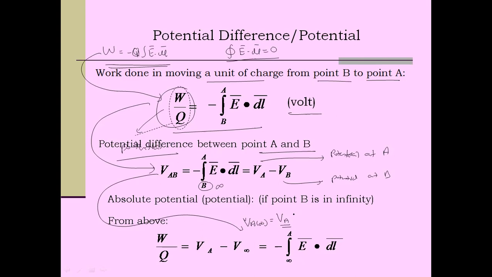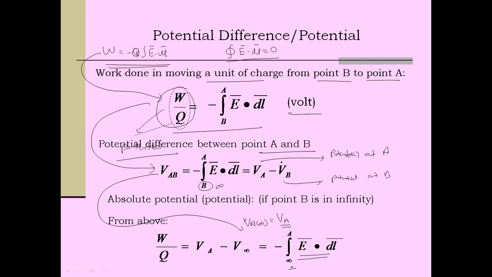VA is defined to be the potential at the point A, and the equation of VAB that we have obtained just now can be written as negative integration from the initial point, which is at infinity, to the end point, which is at A, of E dot dl. This is the difference between potential difference and absolute potential.